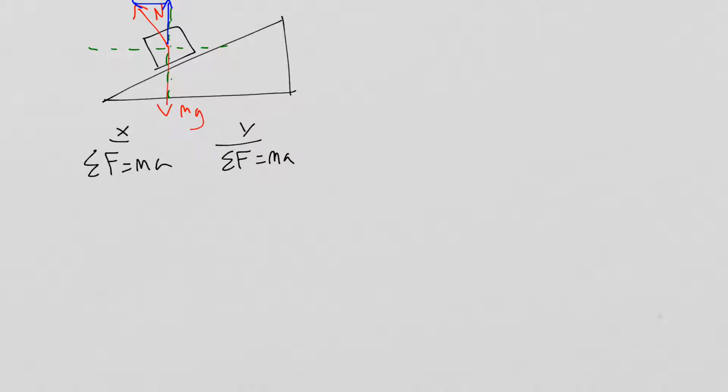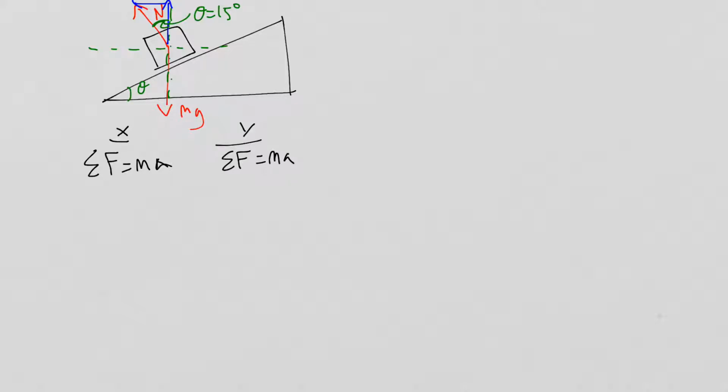So now we identify what motions we have in each direction. Because the x direction is the towards the center of the circle direction, we have a centripetal acceleration there. And we see that this angle is 15 degrees, the angle of the incline, same thing.